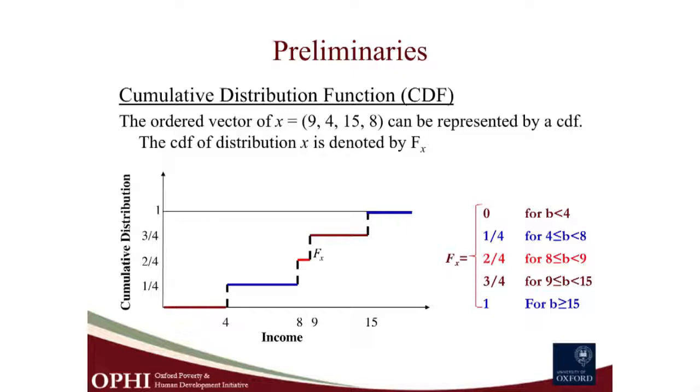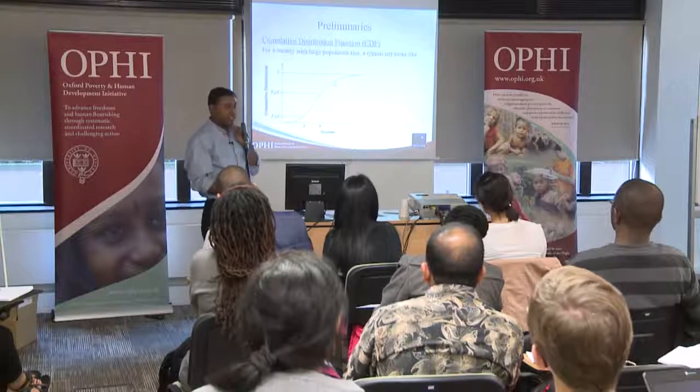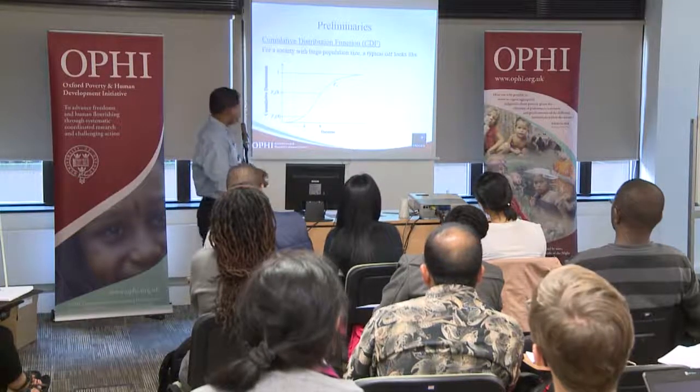So this is how it goes, and when you plot a distribution, this is how it generally looks. So if you ask how many people have income less than these, and so on. Typically, for a society with a large population size, this is how a distribution is presented.